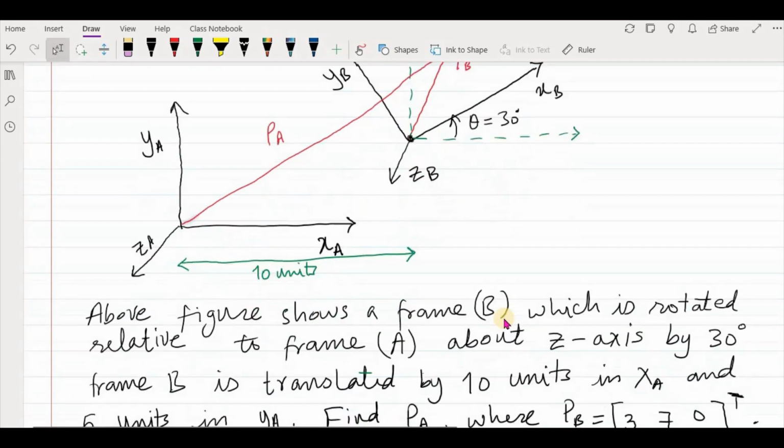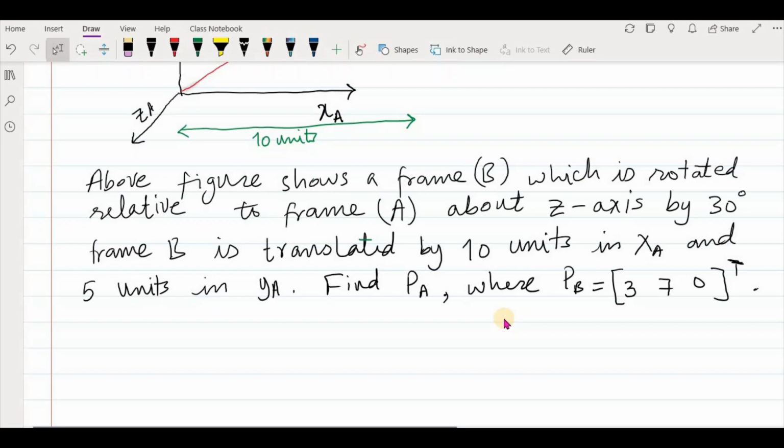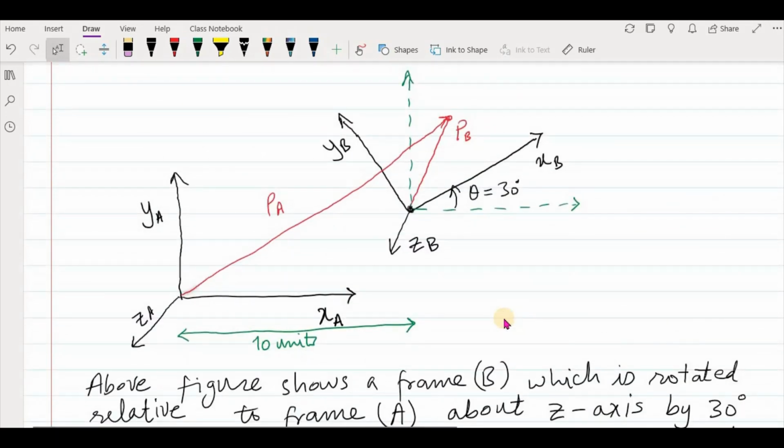and along the y-axis we have 5 units. So from here to here, this origin to this origin here, that's what we are talking about.